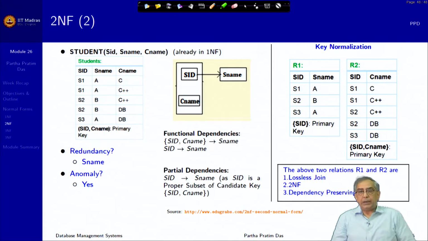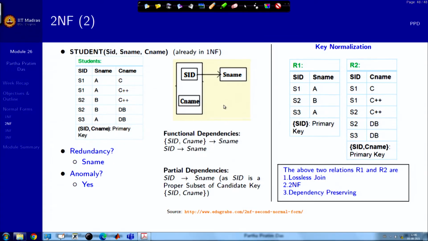So, let us take a simple example. I have a student relation which has student ID, student name and course name, which is already in 1NF, right. On the diagram here, you can see these are the FDs.